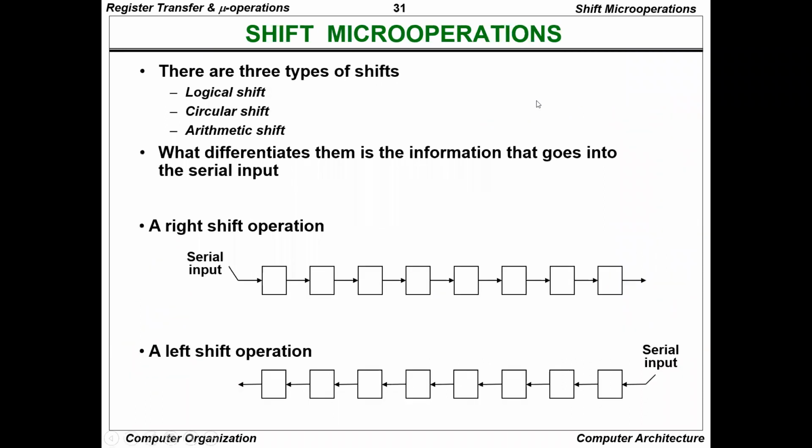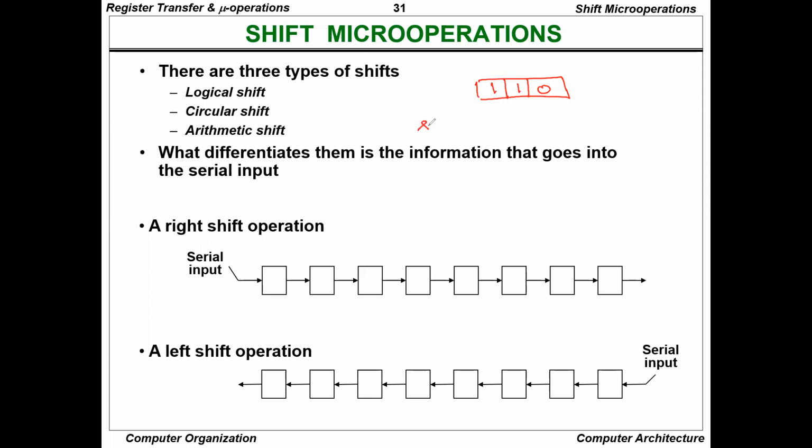So let's move further. Shift micro operations. Let us try and understand the concept of what is shifting of the bits. Pay a little attention and then we will be able to understand. For example, suppose I have a value 1, 1 and 0.